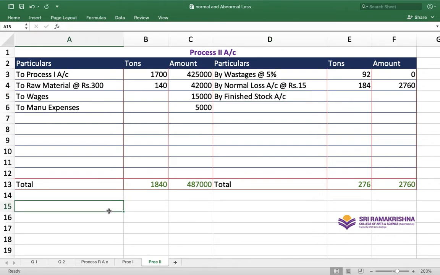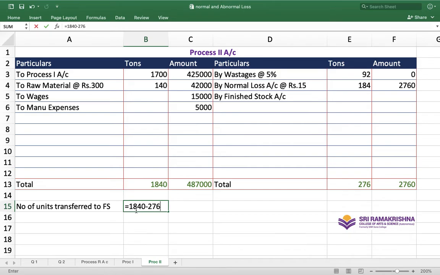Number of units transferred to finished stock is equal to 1,840 minus 276, that is 1,564.